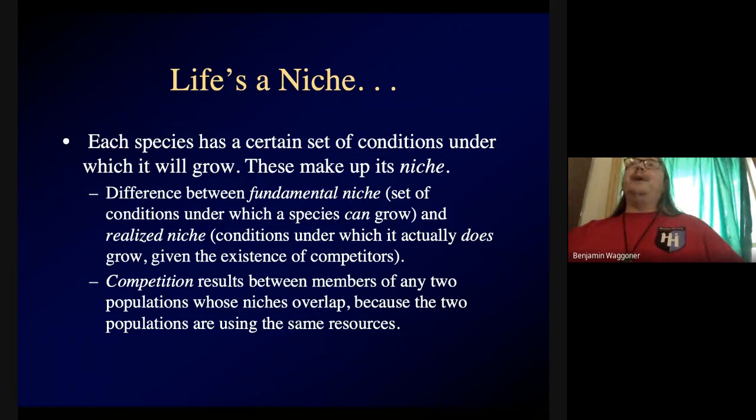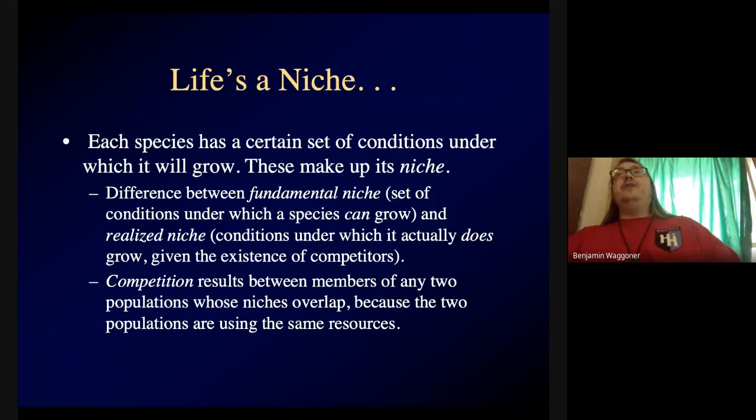Such and such a tree might need full sunlight, at least 8 hours of sun a day, warm temperatures, and plenty of water. Or another plant might need plenty of water, but it will grow fine in partial shade. Or another one might be more shade tolerant, or another one might need lots of sun but not need so much water. And you'll find these little tags that tell you what are the best conditions to keep this very expensive plant you've just bought from turning into a heap of dead sticks in a few days.